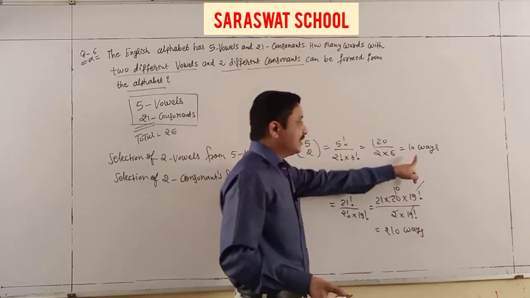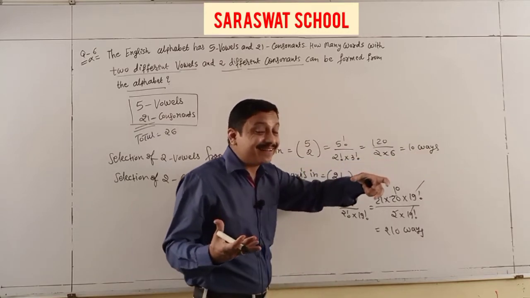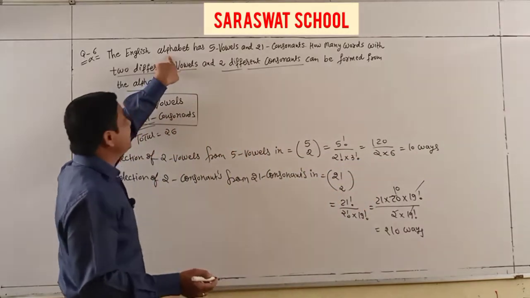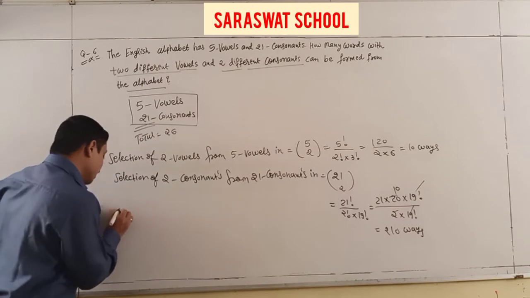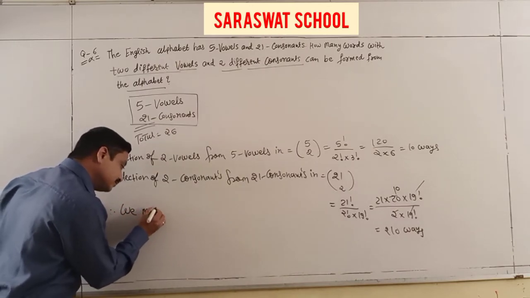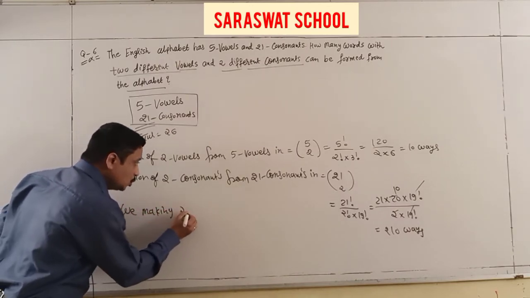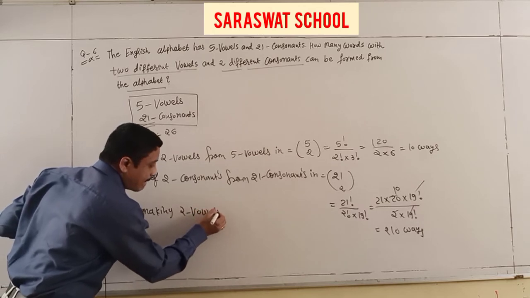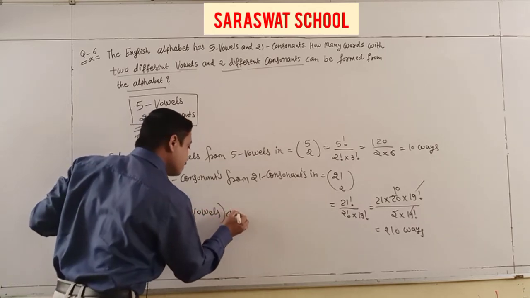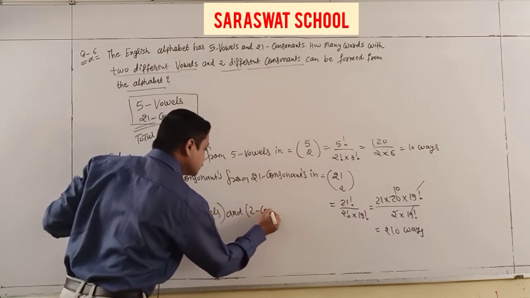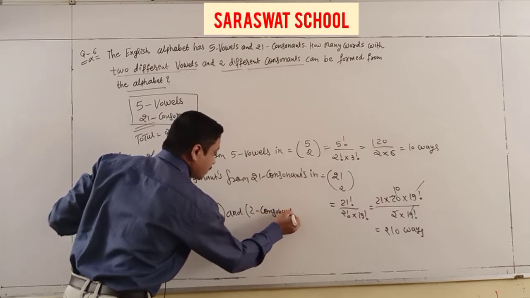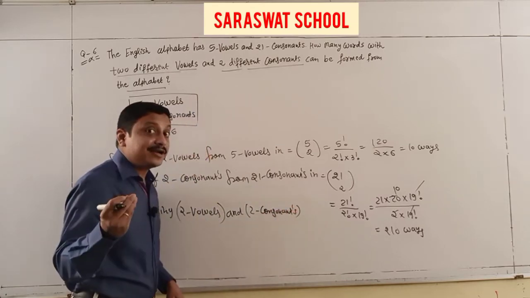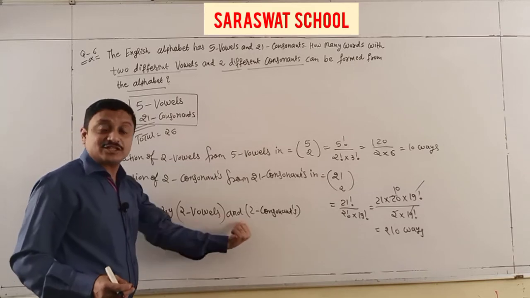Now this and this are our total selection. Apply on it making the word. Therefore we are making 2 vowels and 2 consonants.